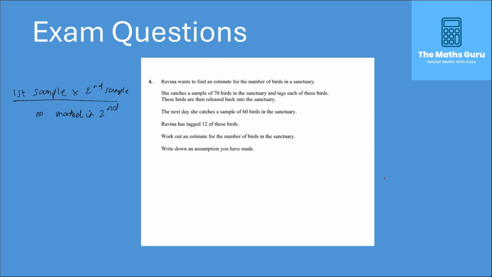So we now know we need to do 70 times by 60, which was our first and second sample, divided by the 12 that she said she had already marked. Putting this into our calculator, we get an estimate of 350 birds in our sanctuary.